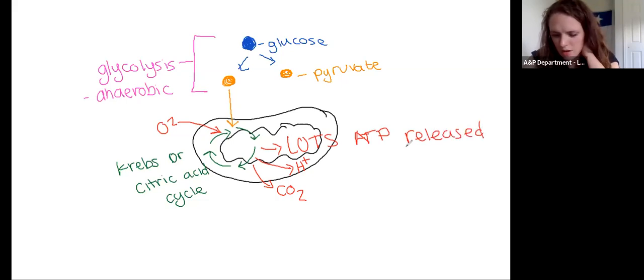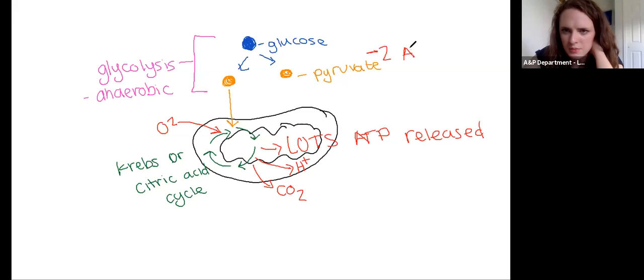So you don't need to know the number, but there's like 30 something ATP released from this Krebs or citric acid cycle. Up here in glycolysis, I should have mentioned this earlier, you have 2 ATP that are released. Okay, so glycolysis does produce energy, but it's very, very small compared to the Krebs or citric acid cycle that occurs in the mitochondria.